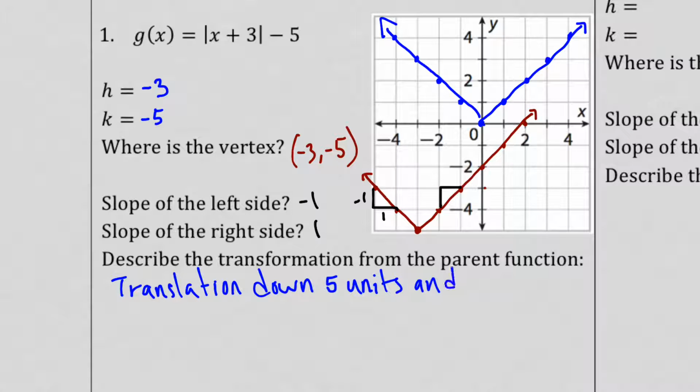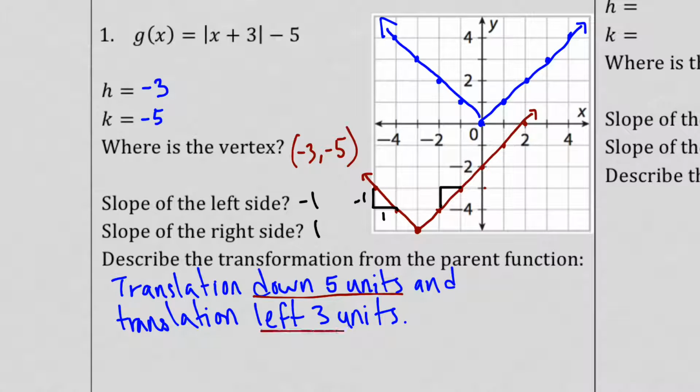And another translation, left 3 units. And you're done.